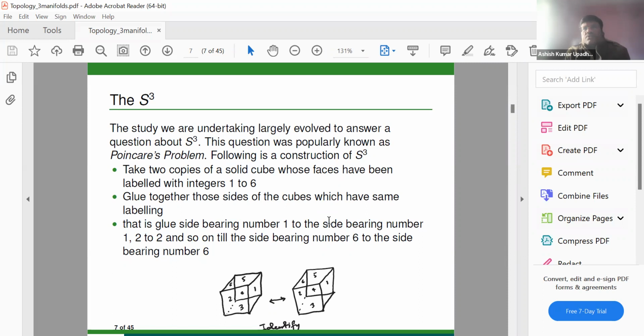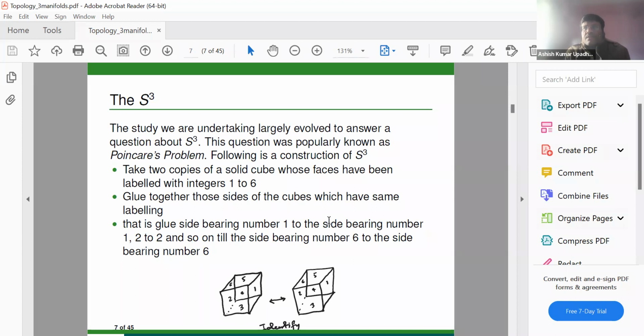So what you can infer from here is that the circle, being one-dimensional, is made up of two one-dimensional discs. A one-dimensional disc is an interval. So if you join two intervals on the boundary, you actually get a circle.